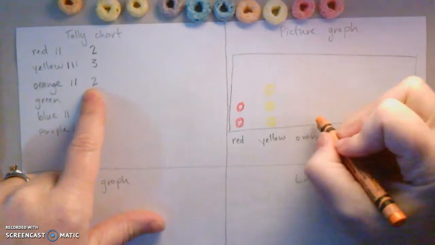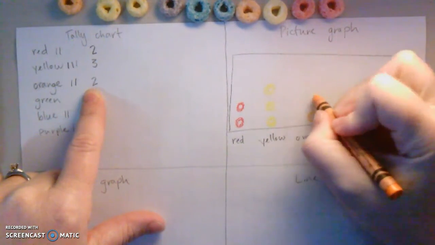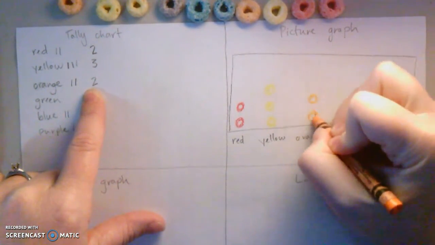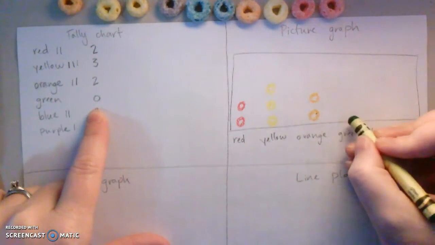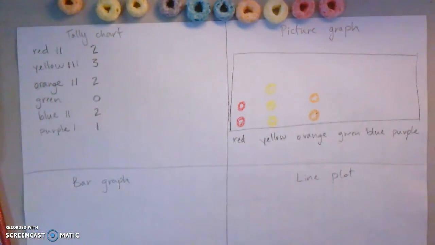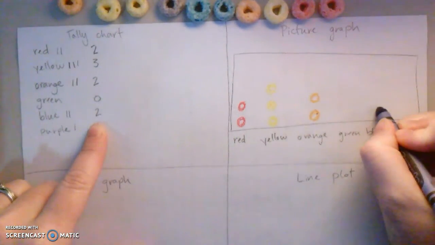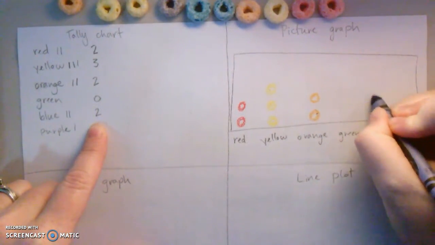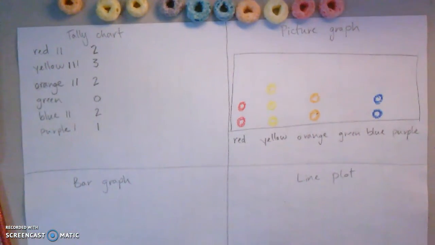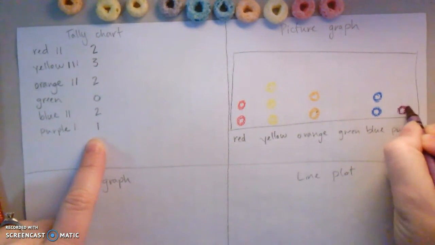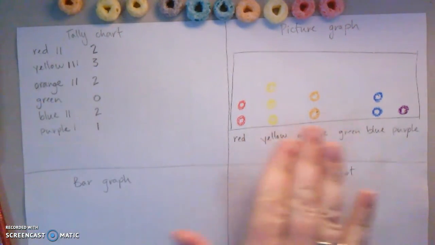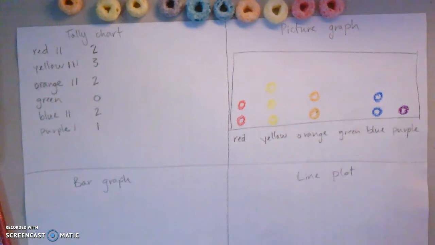Orange was 2, so 1 orange and 2 orange Fruit Loops. The green had 0, so I don't need to draw anything there. Blue had 2, 1 Fruit Loop and 2 Fruit Loops. And the purple had 1. And there is the beautiful picture graph, all laid out and nice and neat.